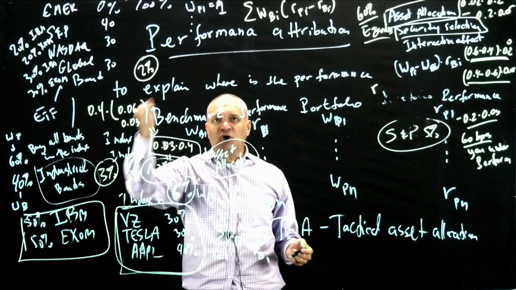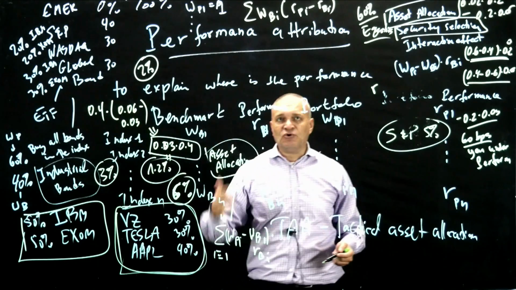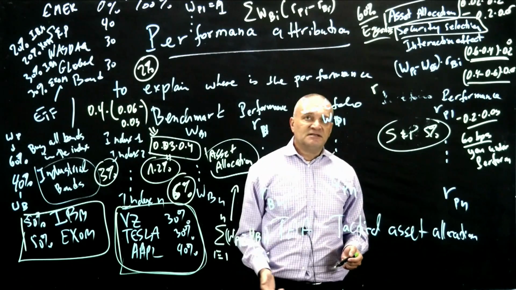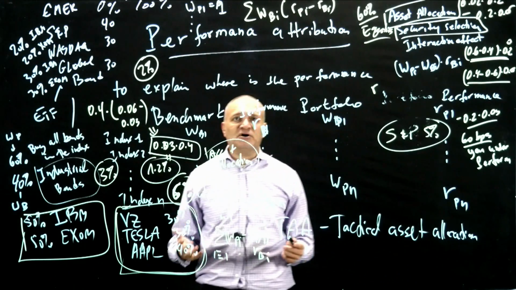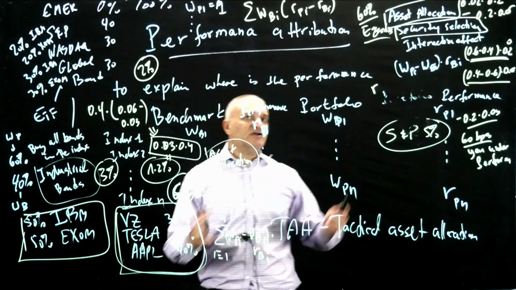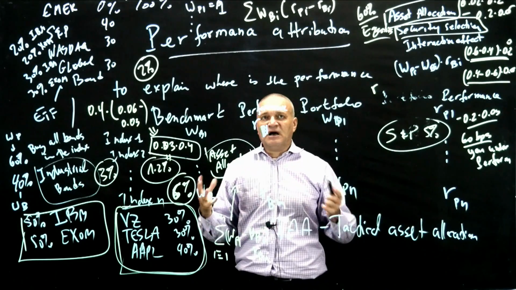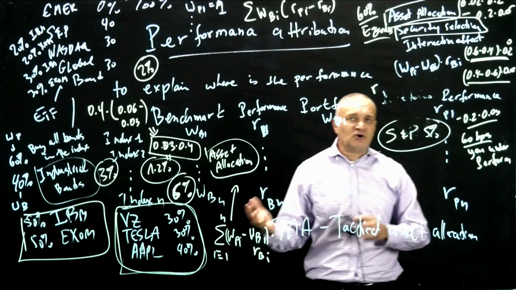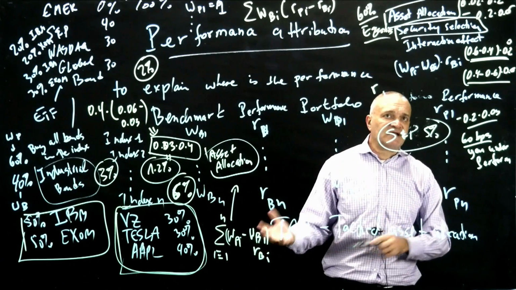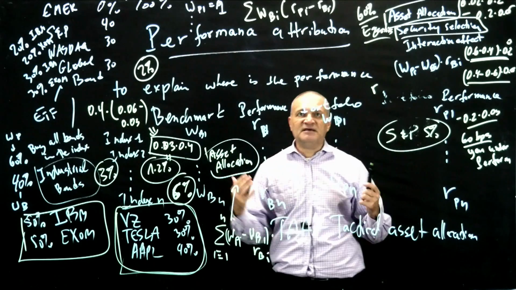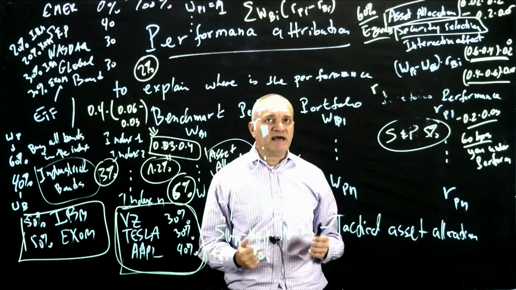So the investment manager knows that you are very good at selecting stocks or selecting bonds. However, you may lack some strategic view of the market to say which portion of the market will outperform. That's how these things work.